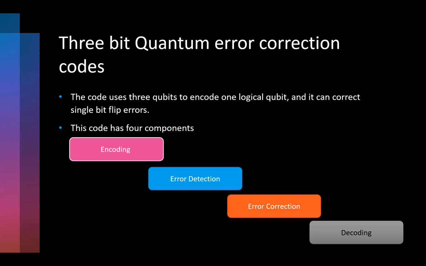So this code has 4 components. First, we encode it, then we detect the error. Once we have detected the error, we correct it. After correcting, we decode our information and we get our original information.